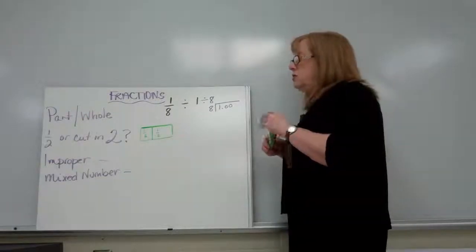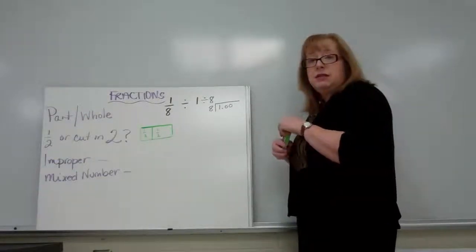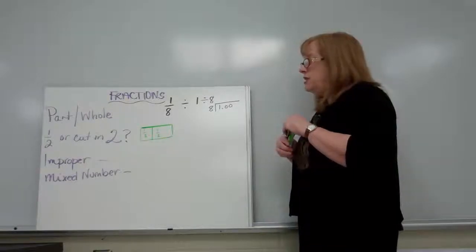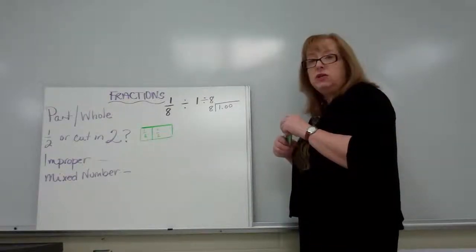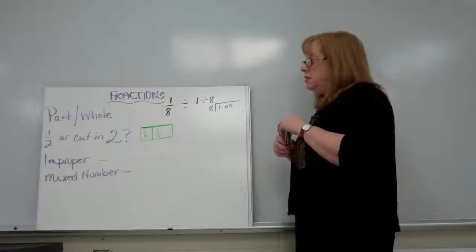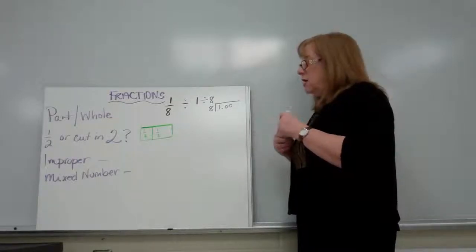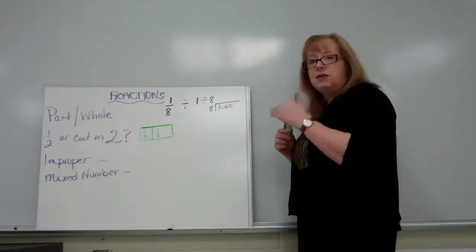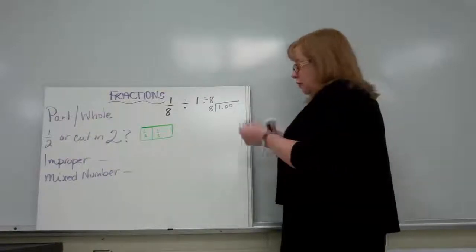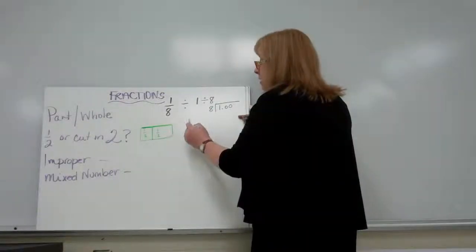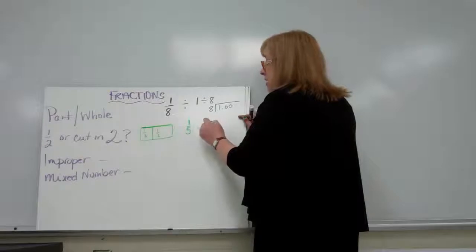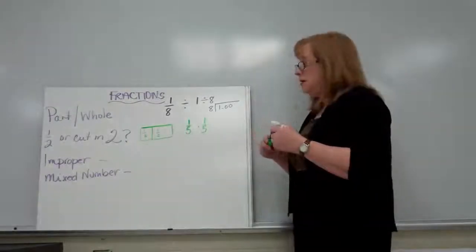So just because you cut something in 2 doesn't mean it's a half. A half means that it is 1 piece of 2 and it's going to be identical. So a fraction must be the same size as another fraction of that same thing. So 1/5 of something would be the same size as another 5th of that same thing.